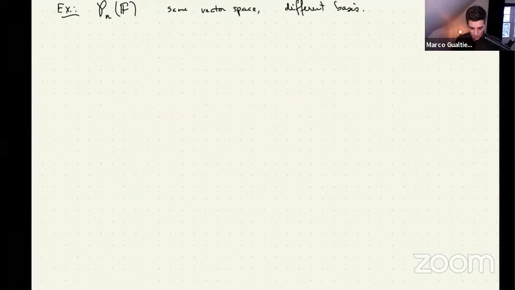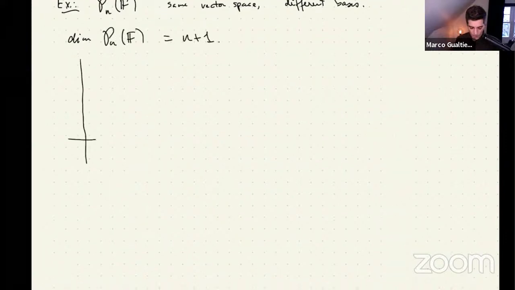So suppose we know that the dimension of this space is n plus 1, and we know that polynomials determine functions.